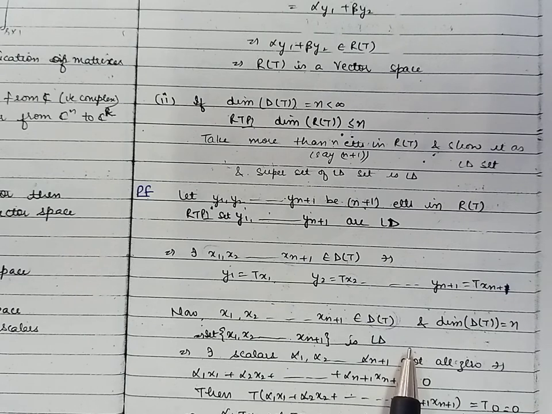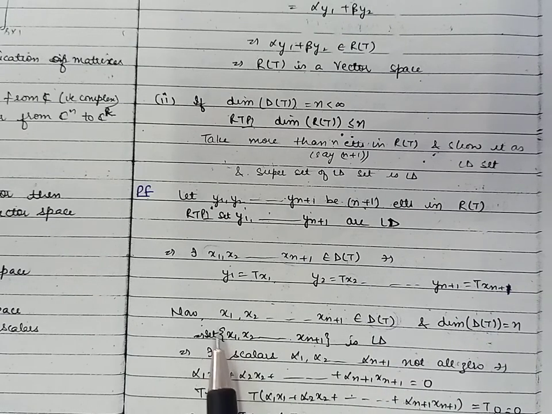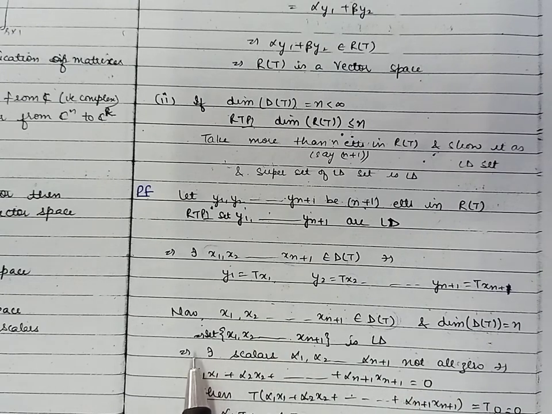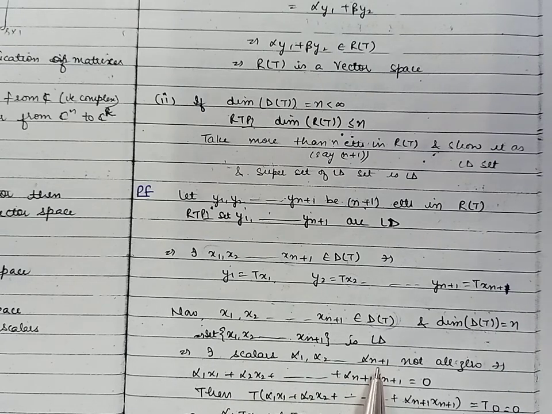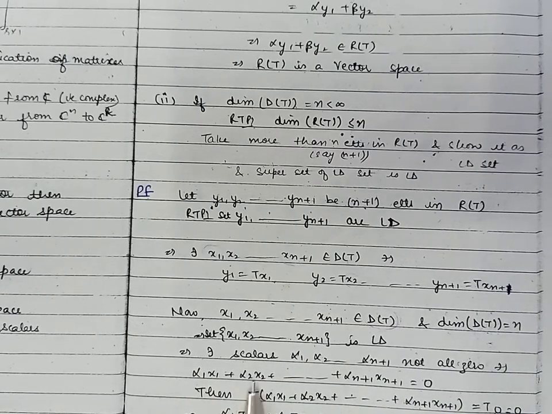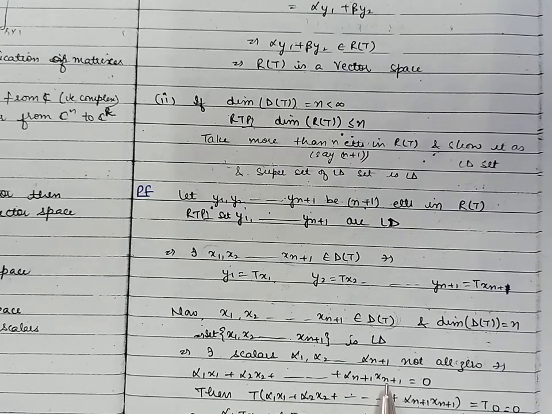Now by definition of linearly dependent, if we take their linear combination equal to 0, then not all the scalars will be 0. So we can say there exist scalars alpha 1, alpha 2, alpha 3 up to alpha n plus 1, not all 0, such that their linear combination alpha 1 x1 plus alpha 2 x2 and so on up to alpha n plus 1 x(n+1) is equal to 0.